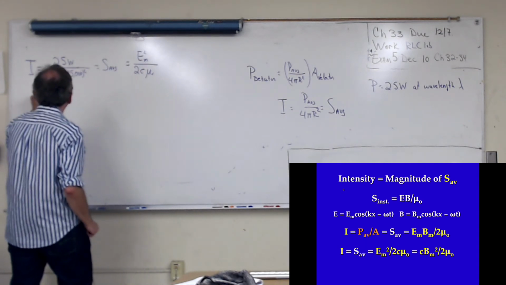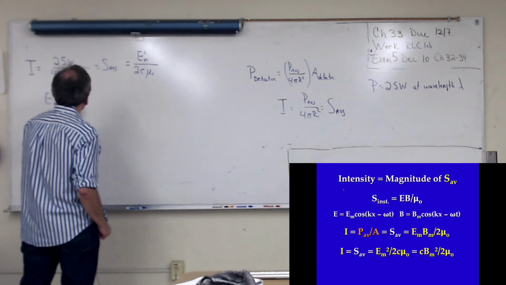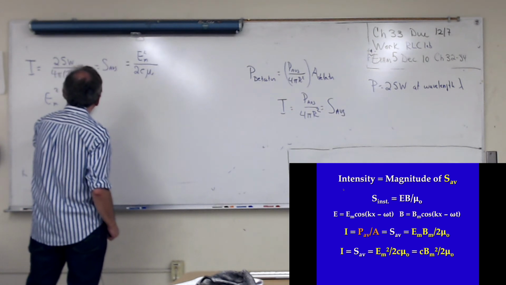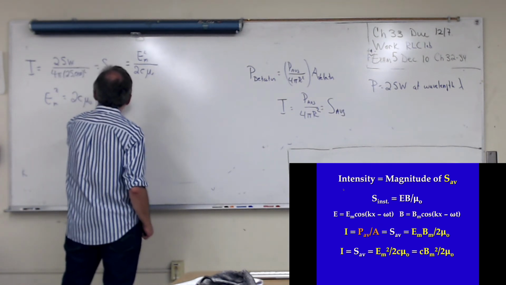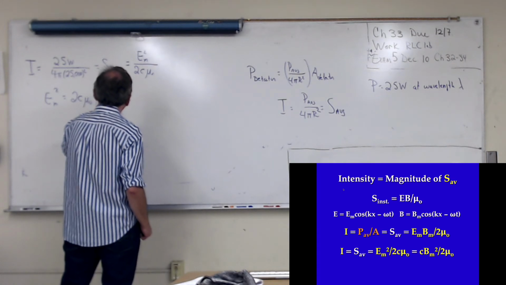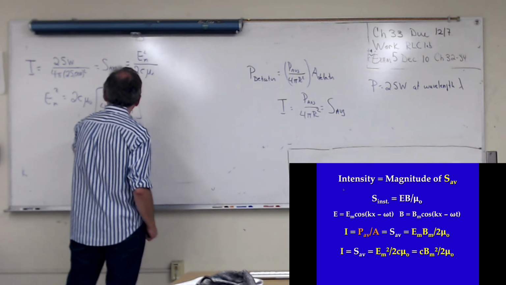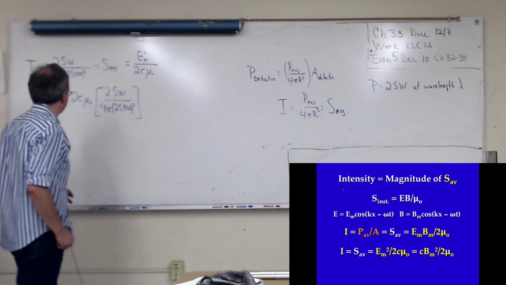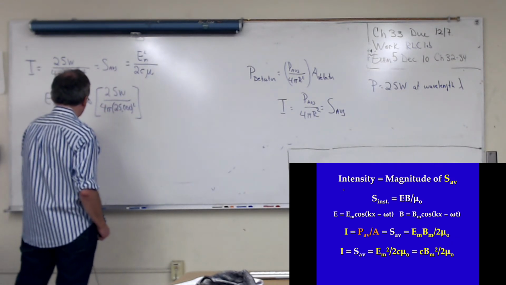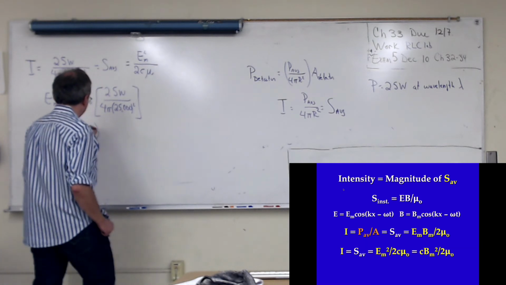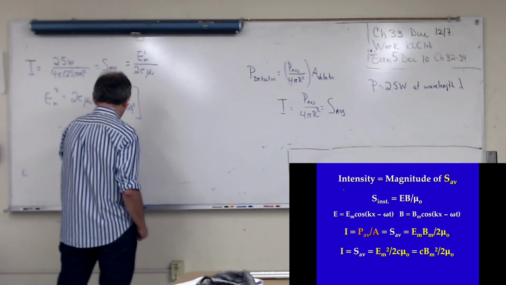And so E sub m squared is going to be 2 times c mu naught times this value. It's 2 times 3 times 10 to the 8th. And again, I apologize for not writing the units.